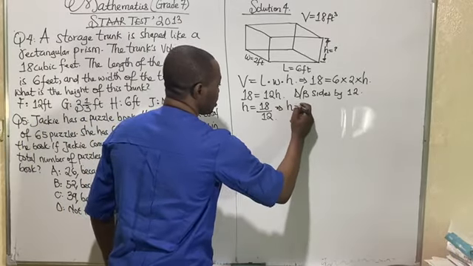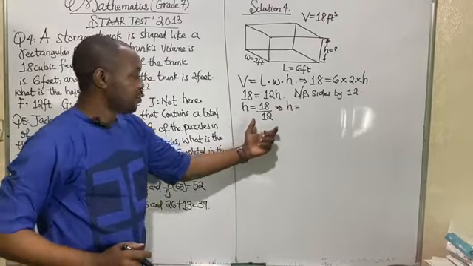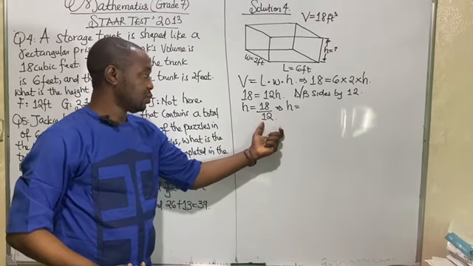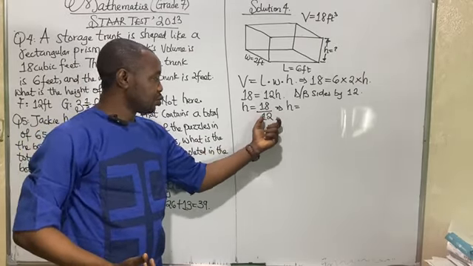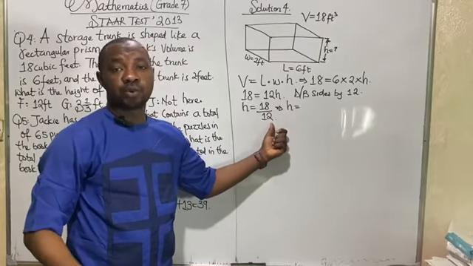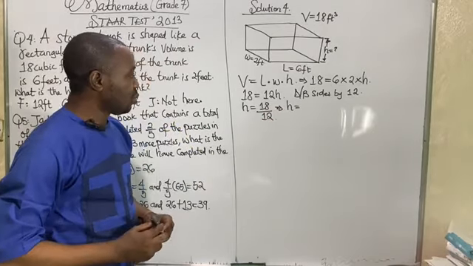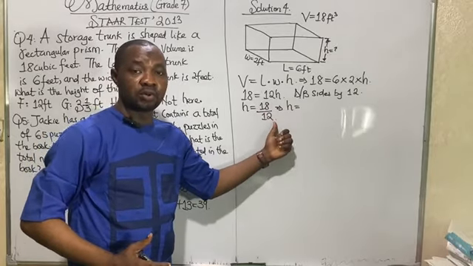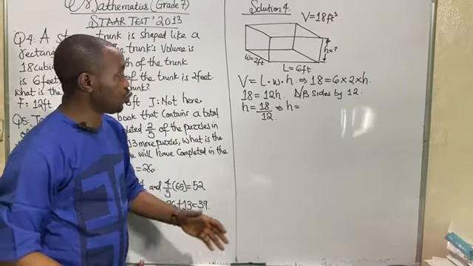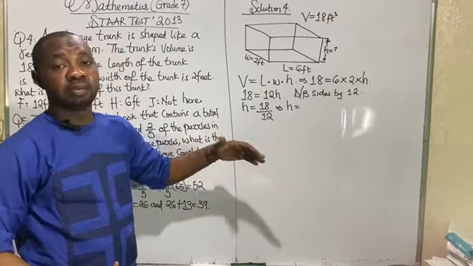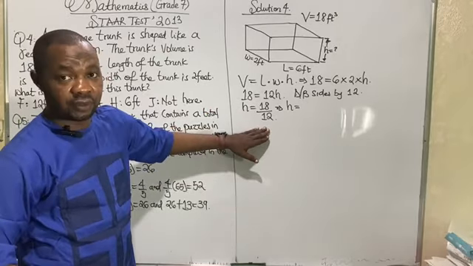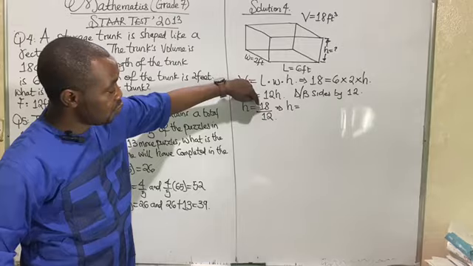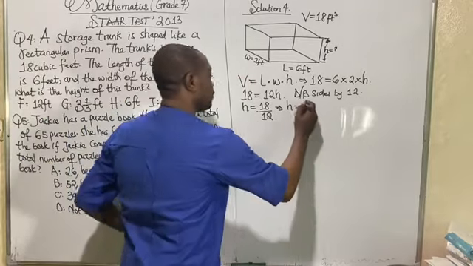Of course, 12 is not a factor of 18, and 18 is not a factor of 12. But the numerator and denominator are both even numbers, so we can divide them by the same number in order to reduce the fraction. When we divide by 6, we're going to have 3.